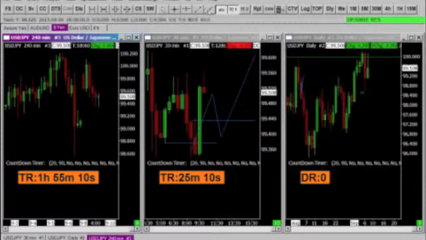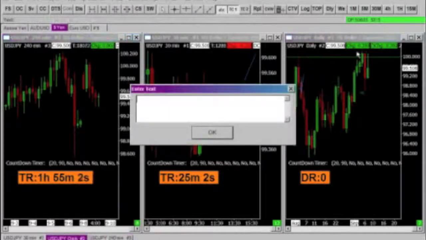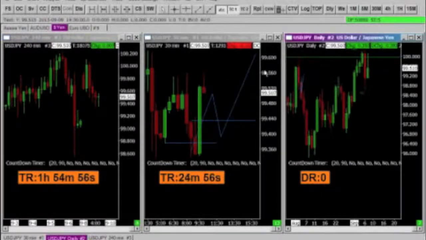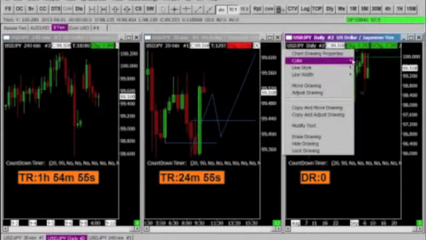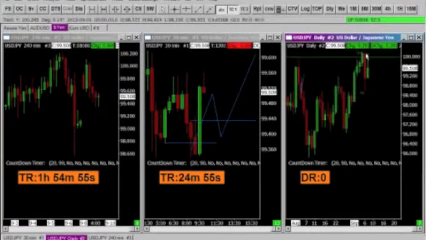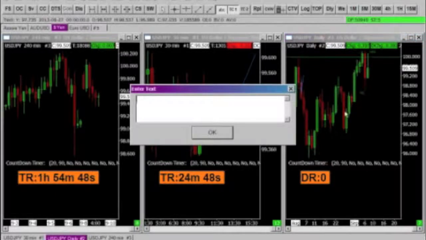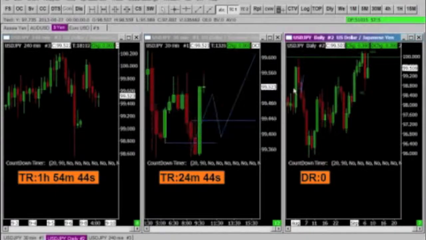This thing is definitely making higher highs and higher lows here. This is a higher high. Well, let's look at it.